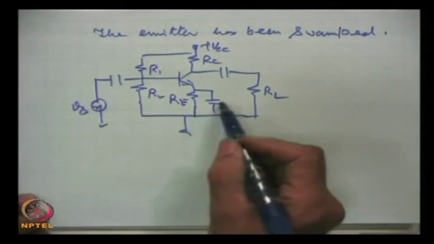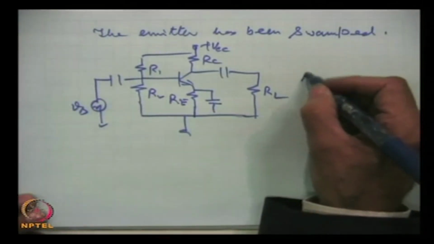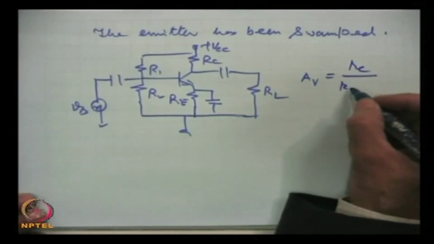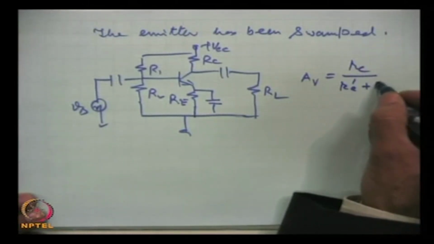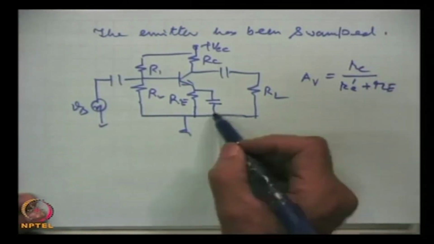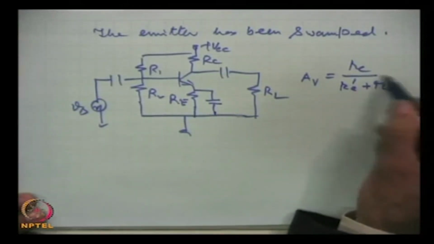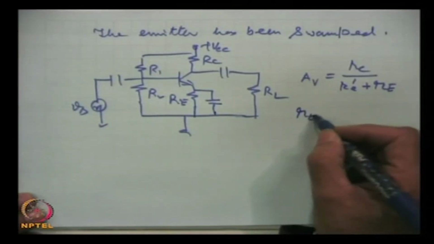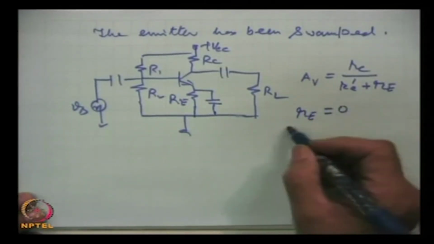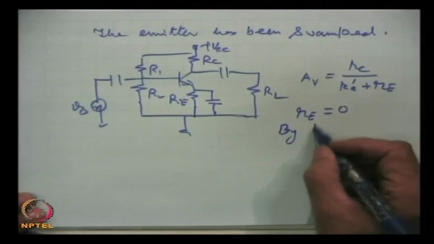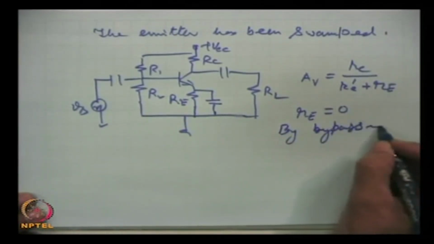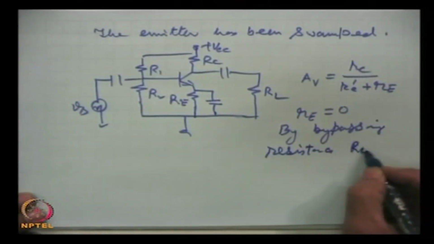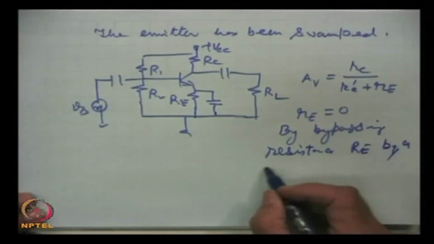We have bypassed it, and then the original relation was Rc by Re prime plus Re, but if we bypass, then this resistance simply is 0. Re has been made equal to 0 by bypassing resistance Re with a capacitor.